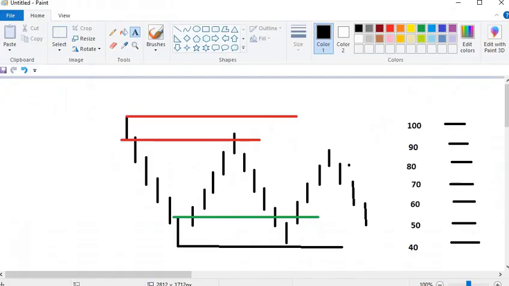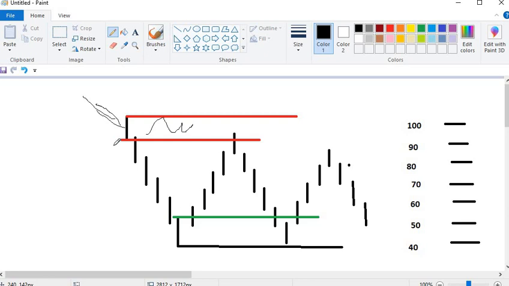Now let me show you a simple illustration before explaining it on the charts. Let's say this one is a candlestick, for example, which I have marked in the red zone. What happened?